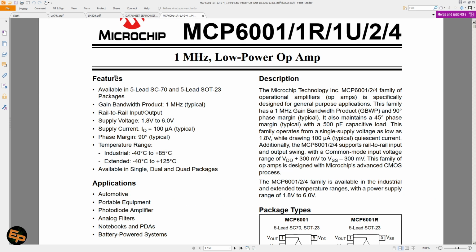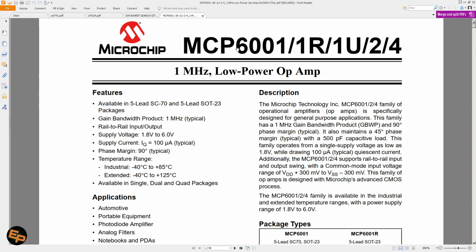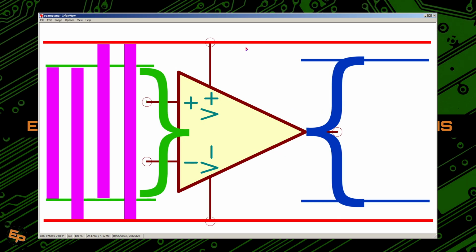A good example of this is Microchip MCP601 to 4. Again, it's an entire family of op-amps, not just this one, but I picked this one because it was easy for me to pick. This information is written clearly on the first page: rail to rail, input, output. So both the input and the output can basically hit the power rails, okay?